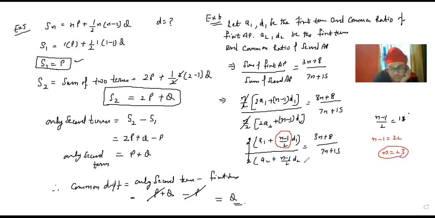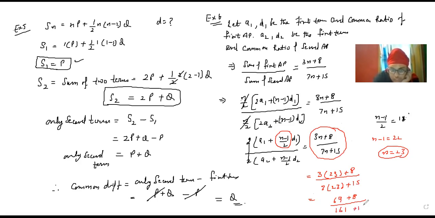Now substitute the value of n as 23 on the right-hand side to get the ratio of the 12th terms: (3 times 23 plus 8) upon (7 times 23 plus 15), which is 77 upon 176, so 7 over 16. This is the answer.